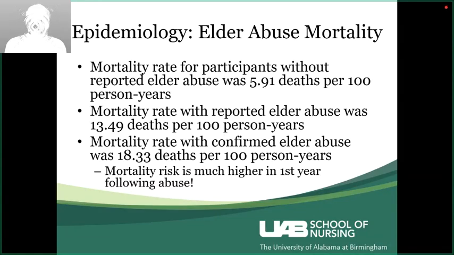That's higher than the 5.9 deaths per 100 years of persons not abused. The persons who end up in nursing homes, things like that, 18.33 deaths per 100 years, much higher in the first year after the abuse.